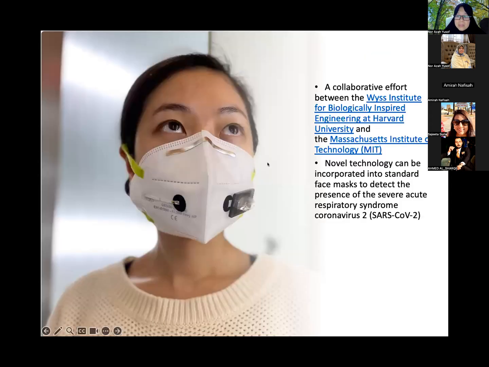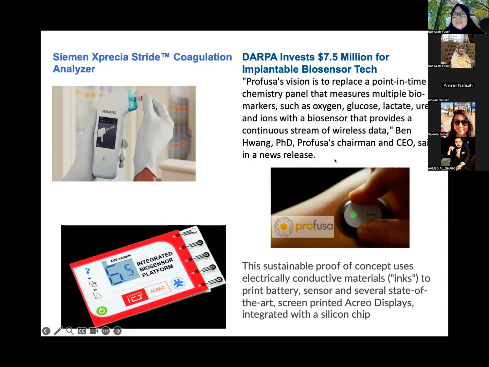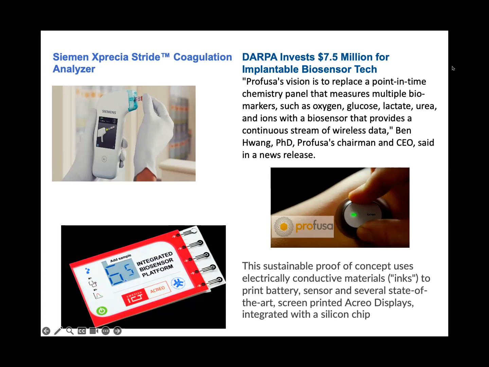Okay, let me go back. So Profusa, this one is what we call patchable. It's not wearable, but patchable. You can just patch it on top of your skin, and you can analyze oxygen, glucose, lactate, urea with this.